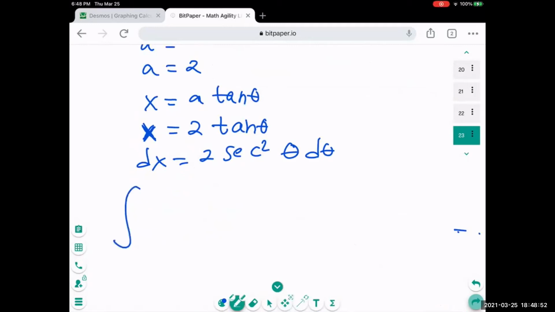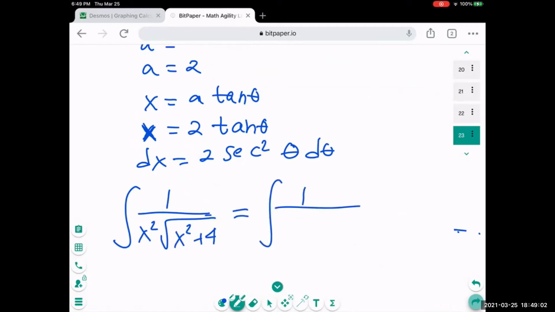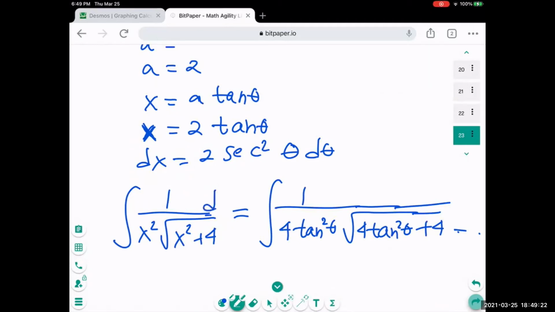So 1 over x squared, so this becomes 4 tangent squared theta, and then the square root of 4 tangent squared theta plus 4, and then our dx is, oh sorry, the dx is here, so 2 secant squared theta d theta, right?